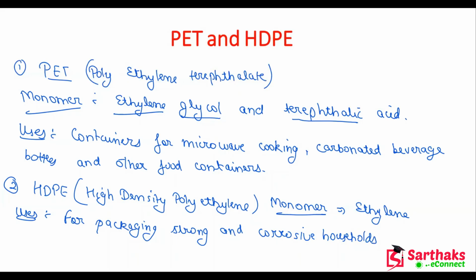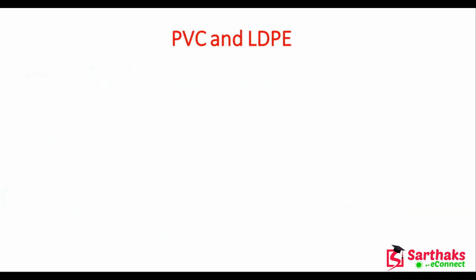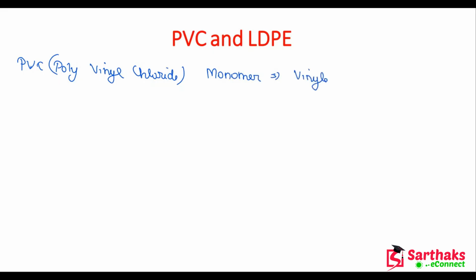Now, the next plastic that we are going to discuss is PVC. PVC is polyvinyl chloride, and the monomer unit is vinyl chloride.